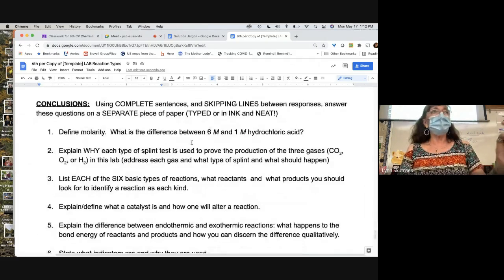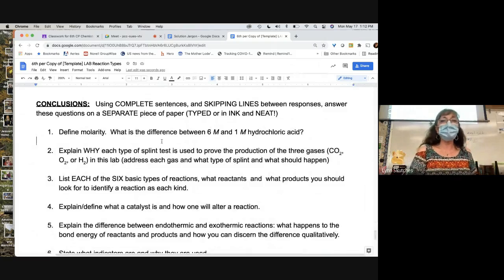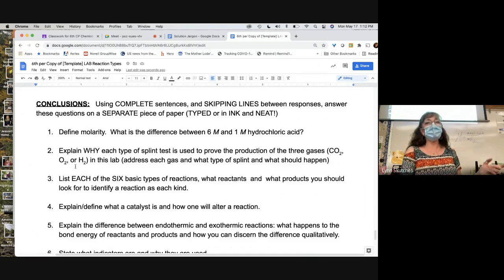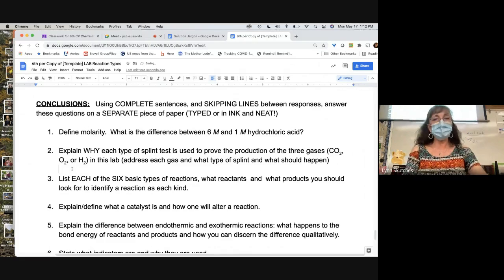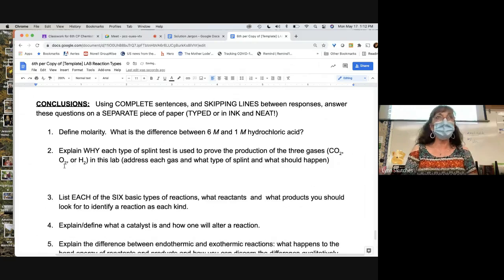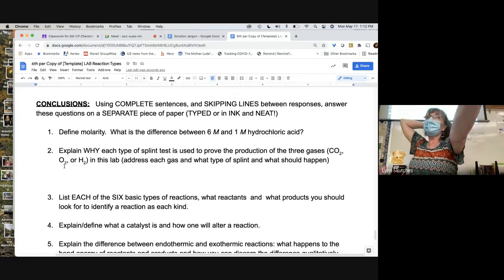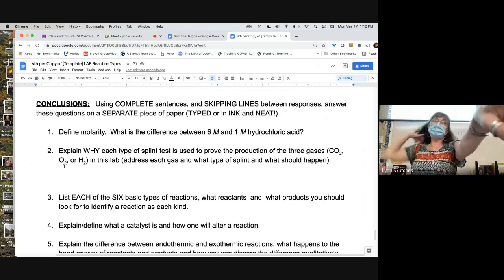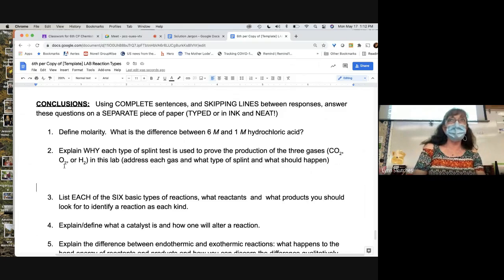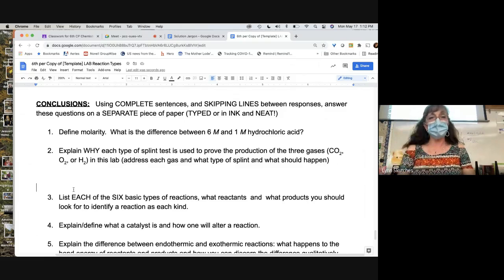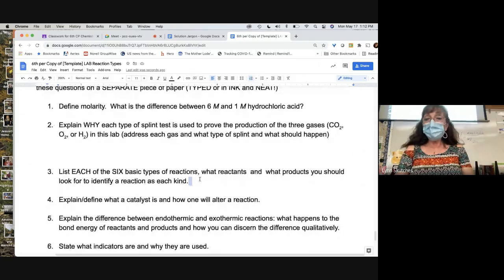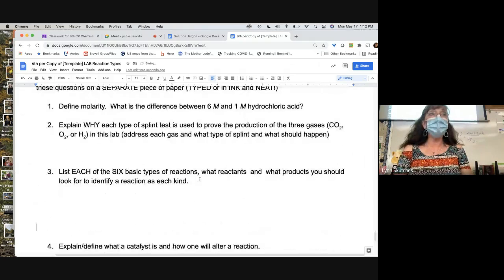Anywho, so number 1, what's the definition of molarity? That should be easy after today, I hope. Number 2, make sure you list all of the gases, all 3 of them. You can do your questions on here if you want, or do them in pen on a lined piece of paper that I can read easily, okay? So you're going to turn in your labs tomorrow. List all 6, okay? Every one of them.